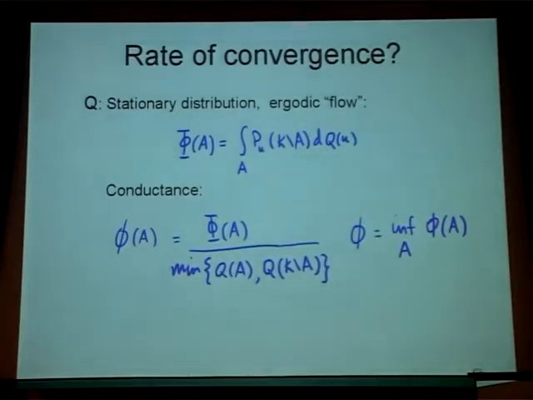So you're at u, you take a step, you induce some measure, some distribution. And you're asking, what is the probability that you leave A given that you're at u? And you're adding this up over all u in the set A. So it's just the escape probability of the subset. And the conductance is the conditional escape probability, the probability that you will leave given that you're in the set.